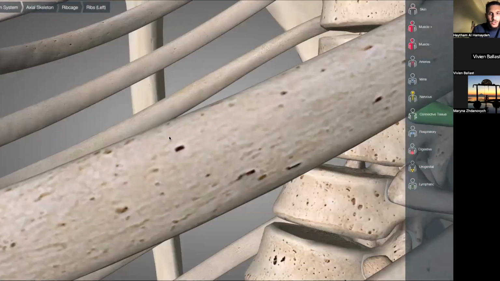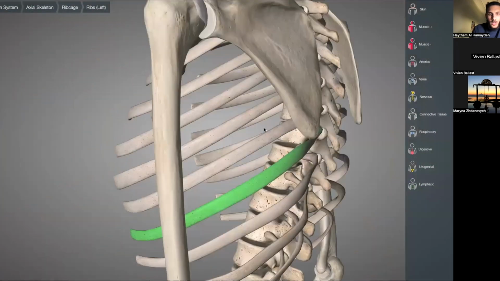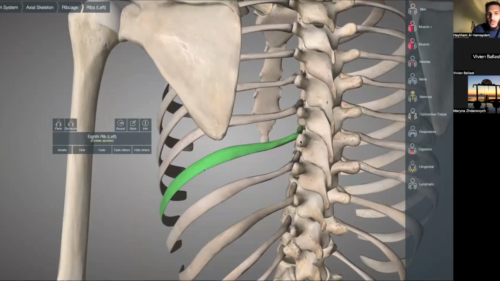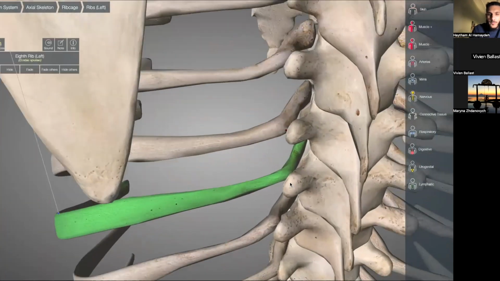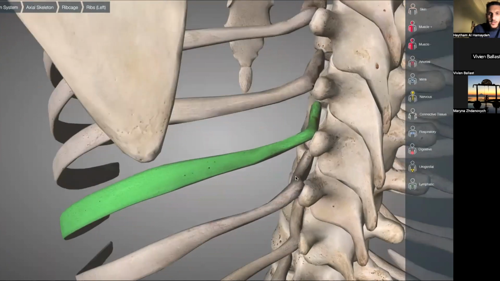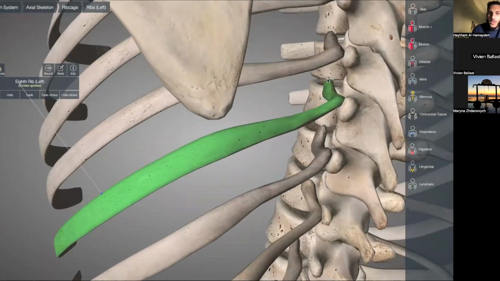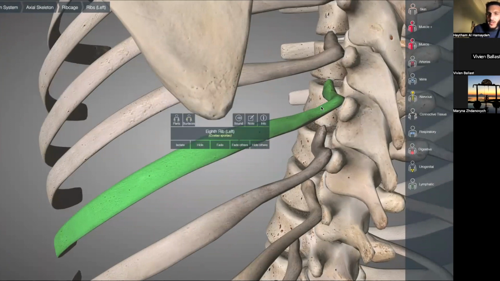Let's see if we can get it. There we go. You see here. You see where the head is? The head is here. It's articulating with the bodies, right? Rib number 8, right here. The inferior articular surface of the head articulates with the body.